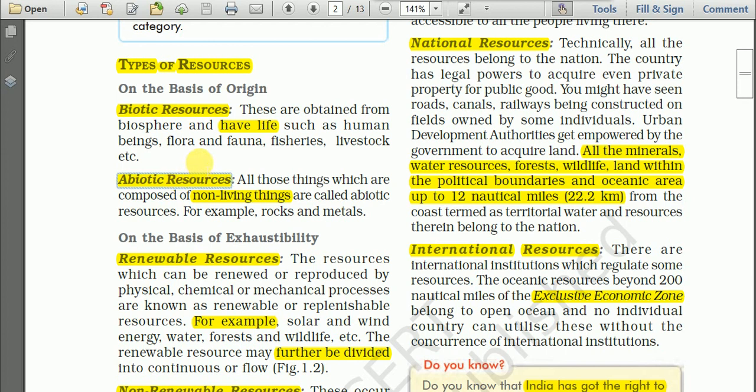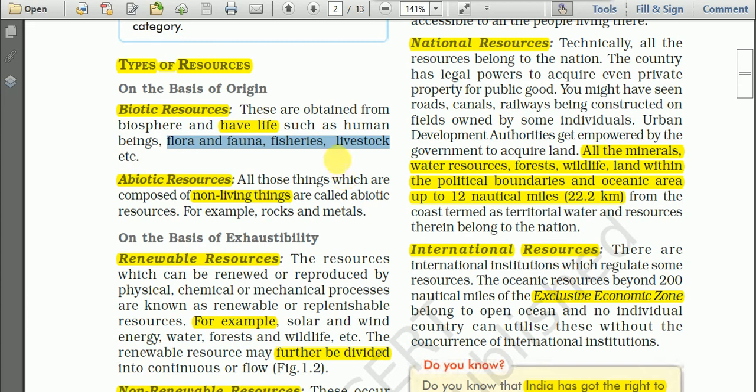Biotic resources are obtained from the biosphere, the life sphere, and have life, such as human beings, flora, fauna, fishes, and livestock. So biotic resources derive from living organisms, that means they have life forms, including human beings.